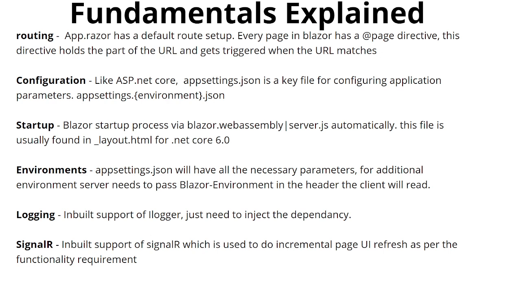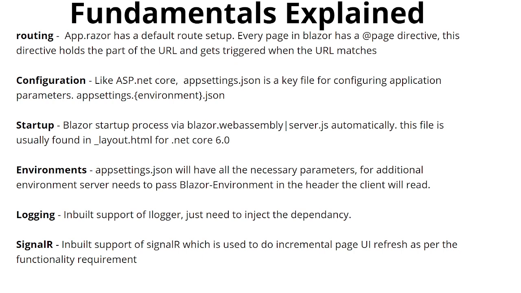Now, how Blazor works is the main thing to understand, and we will understand it using the startup process. There is a file, usually labeled blazor.webassembly.js or blazor.server.js, based on which .NET Core version you are using.